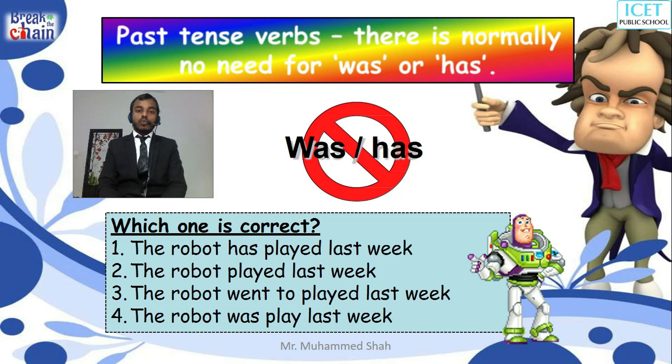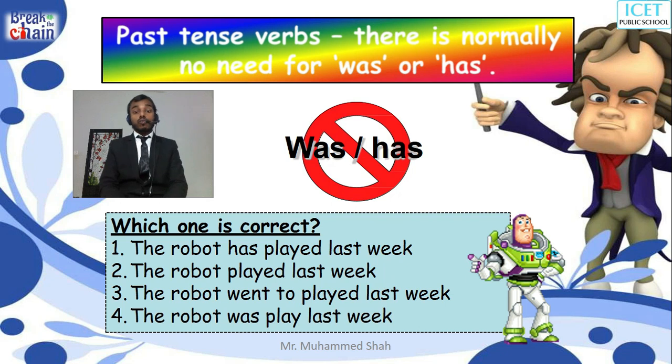The robot went to play last week. The robot was play last week. Third one and fourth one both are wrong. The robot went to play last week is also wrong.